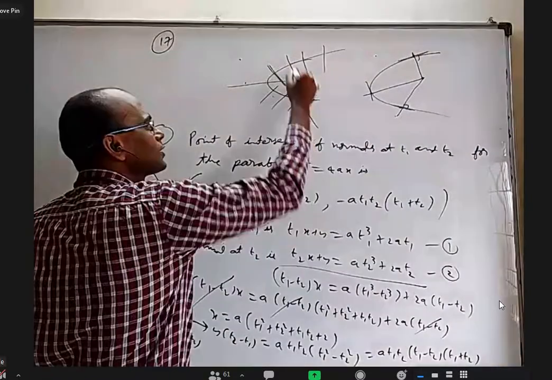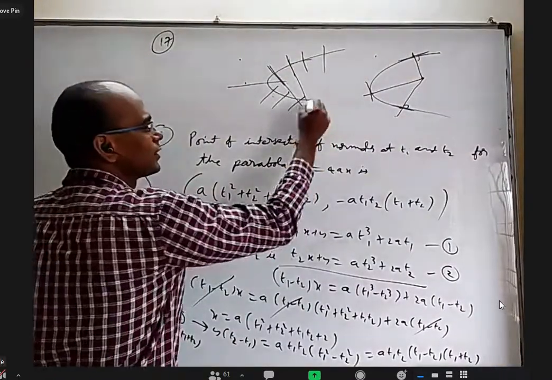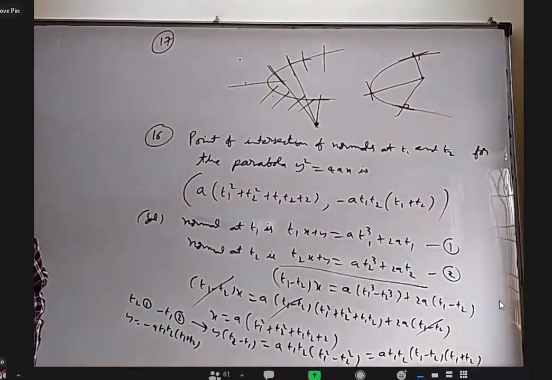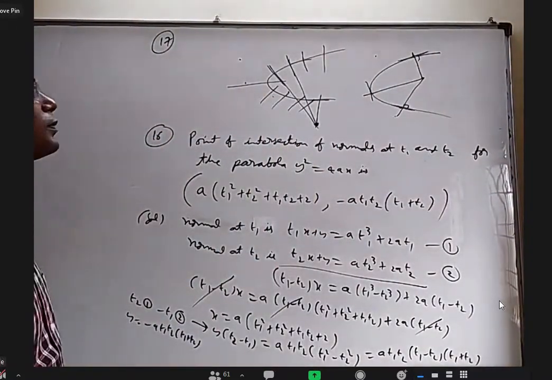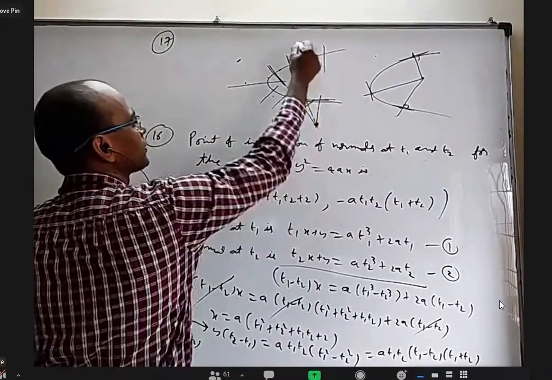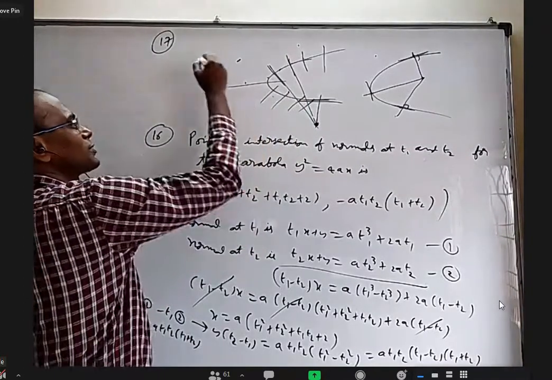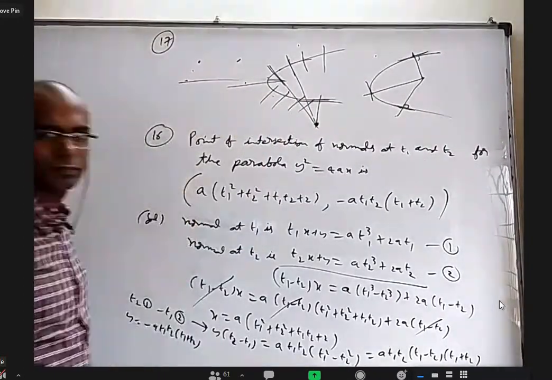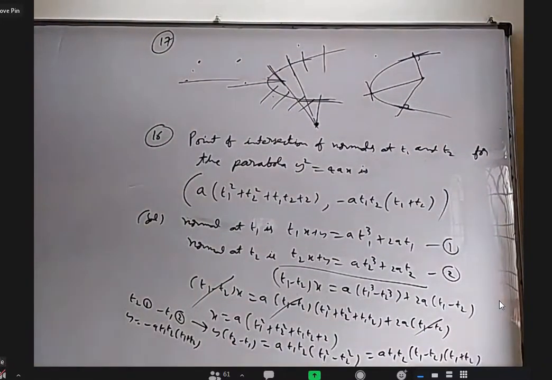The normal here and the normal here can intersect here, and one normal can, or even 3 can pass. Depending on where you take, if you take somewhere too much left, there's only one normal. Sometimes 1, and also I want to know what is the maximum number of normals to a point, either outside or inside.